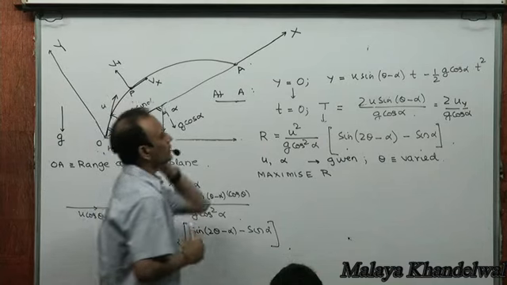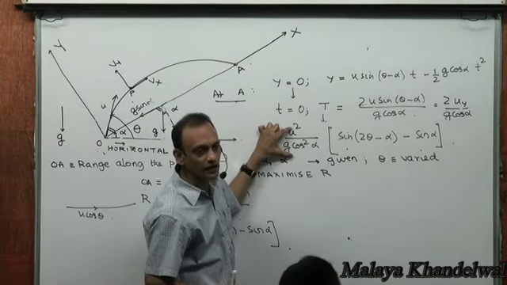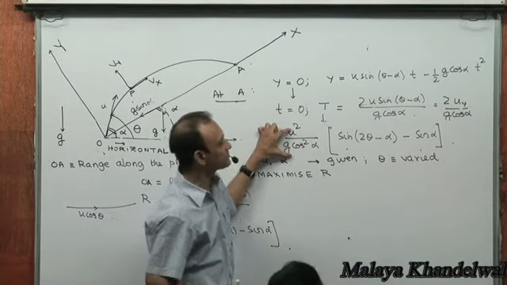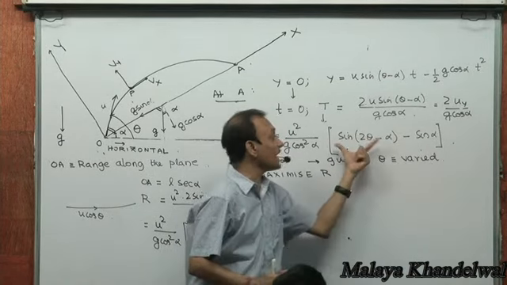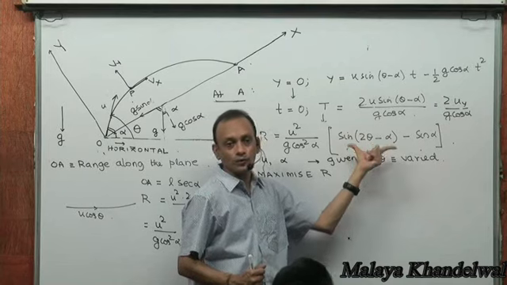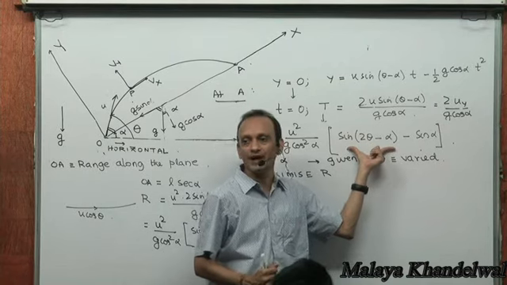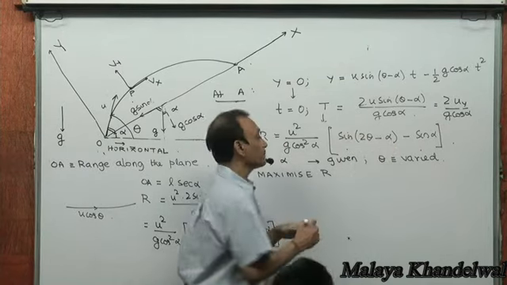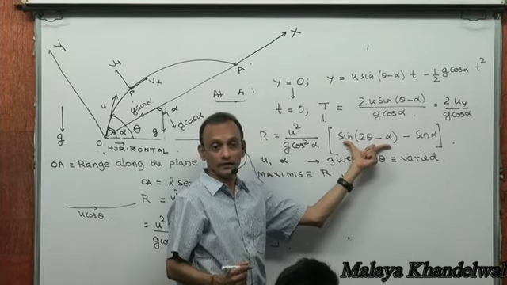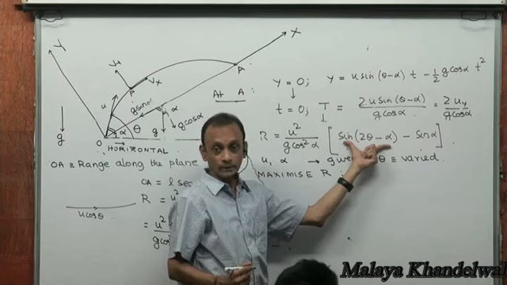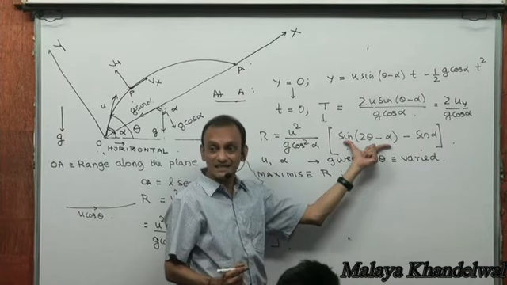Hey, realize that this is a fixed number. I can't do anything with it. U and alpha are fixed. That means to maximize R, I must maximize this number. When this becomes a maximum, range will become a maximum. Yes or no? And what's the maximum value of sine of any angle? 1, right? The maximum possible value of this is 1.